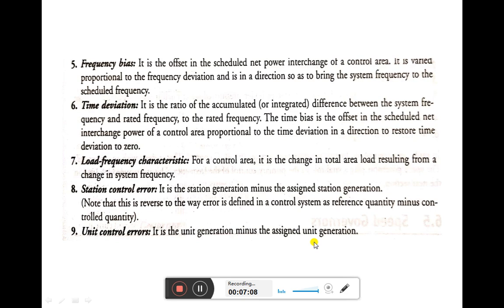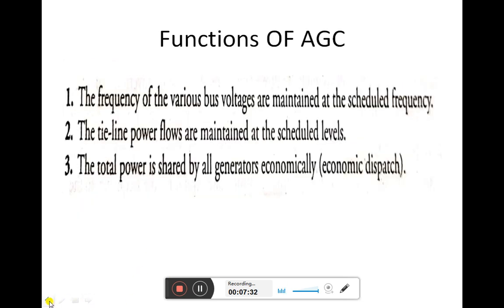Suppose a particular generator is expected to generate 50 megawatt, that is called the assigned unit generation, and the unit actually generates only 48 megawatt, then the difference of these two we call the unit control error. These are some of the terms commonly used in AGC.